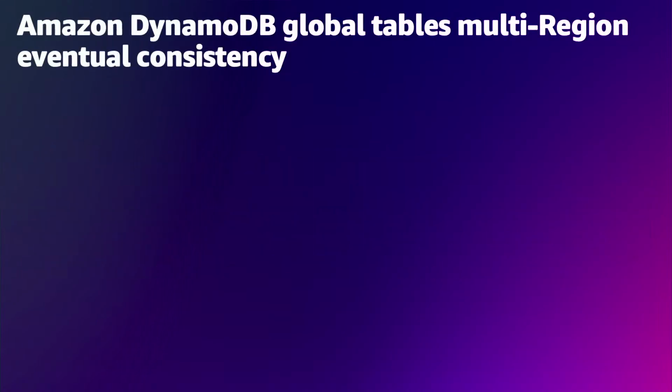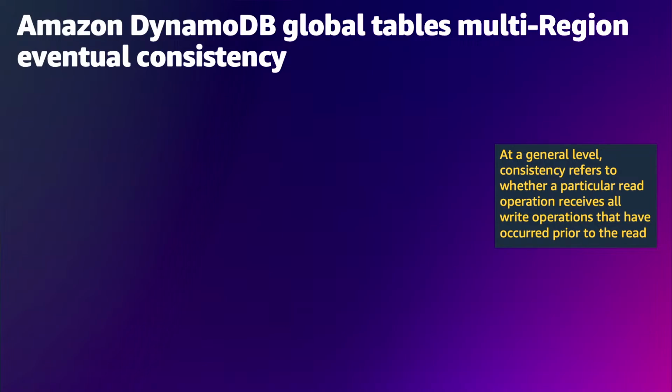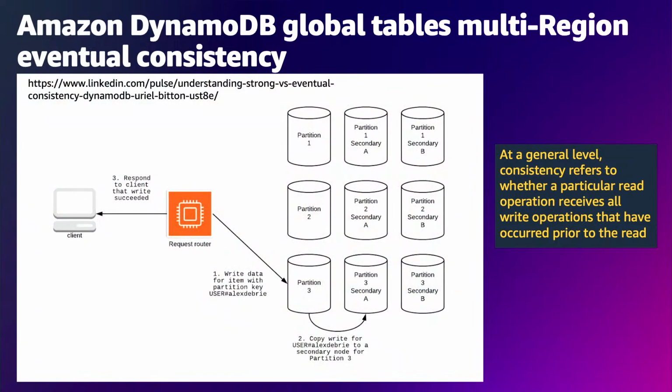To understand how this works, we have to look at consistency and first try to understand what consistency is. In our case, consistency refers to whether a particular read operation receives all write operations that have occurred prior to the read. We can also look at this diagram from the DynamoDB book.